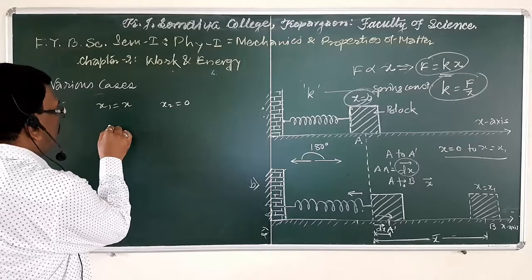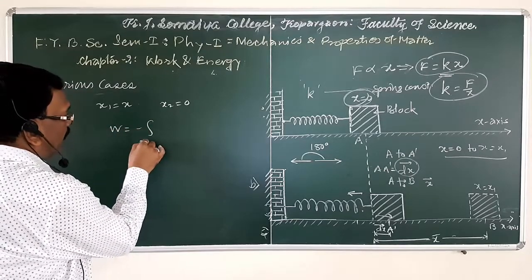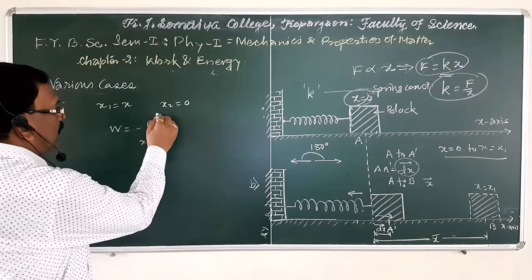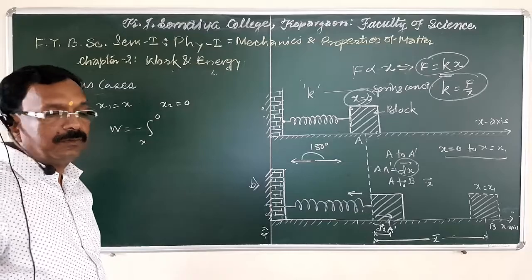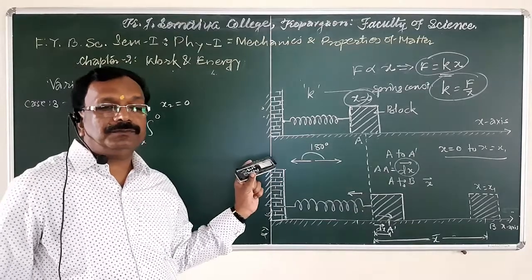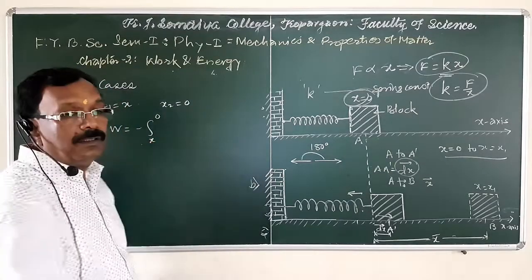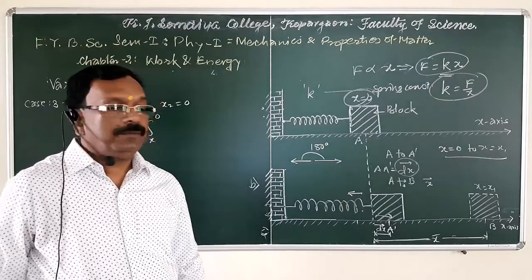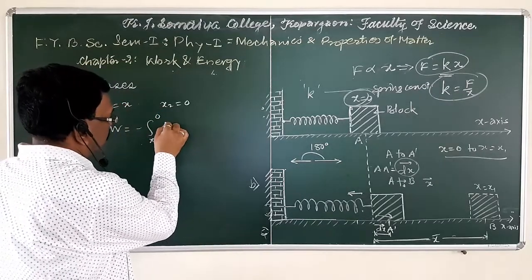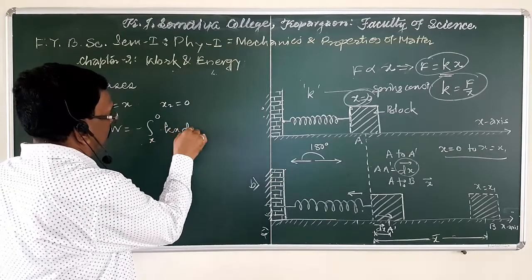So here work done, W is equal to minus integral x and here it will be 0. OK, but now how is it? Initially OK, so here. Then how much work done will be here? See now here 1/2 kx dx.